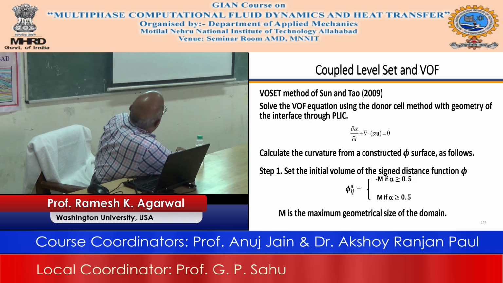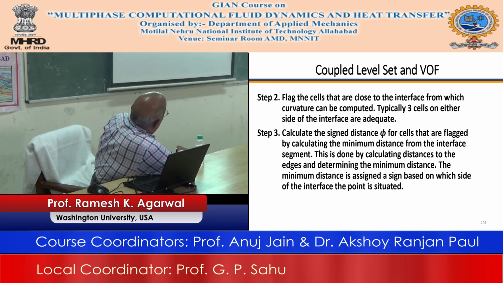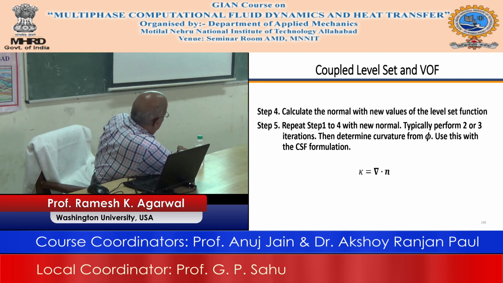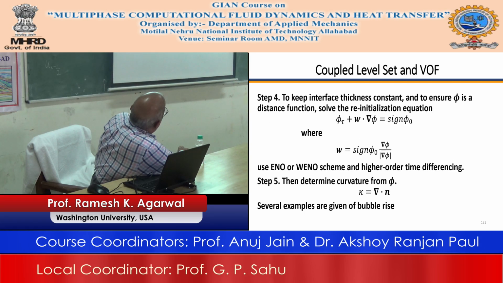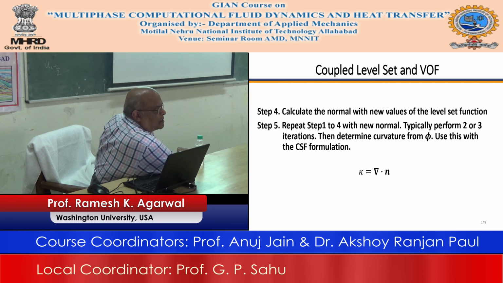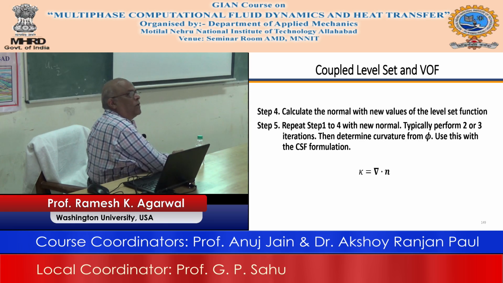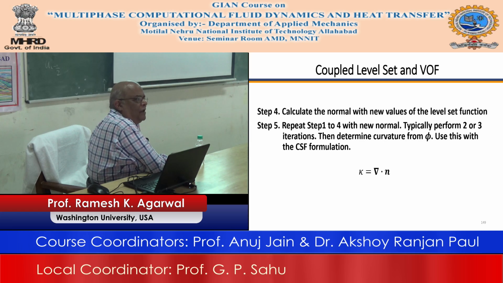These are the steps that one has to go through, and I just want to mention this. Here is the kappa. Kappa is the one that we need for the surface tension term, and what is n in this case? Can you guess what n is for the level set method? It is a normal vector, but how do you define the normal vector?